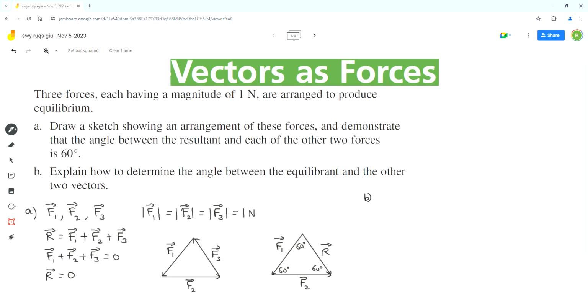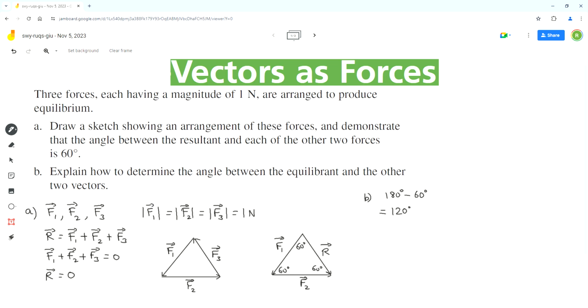So to find the angle between the equilibrant and the other two forces, we should subtract 60 degrees from 180 degrees because the equilibrant and resultant vectors are opposite to each other and the angle between opposite vectors is 180 degrees. So the angle between the equilibrant and the other two vectors will be 120 degrees.